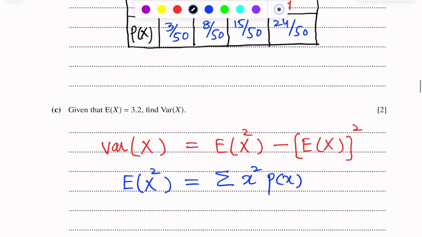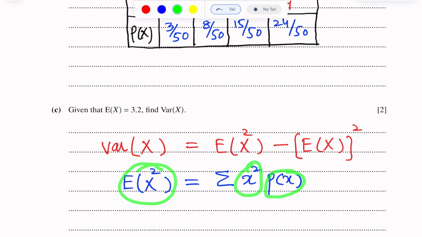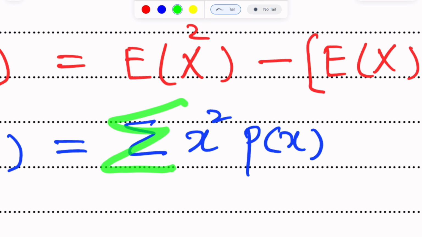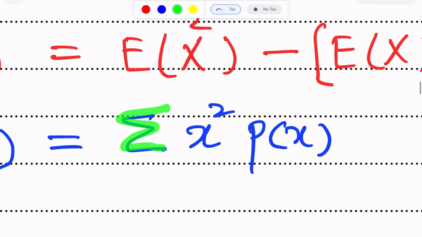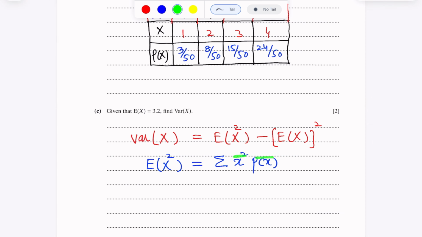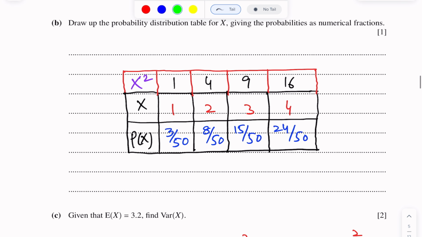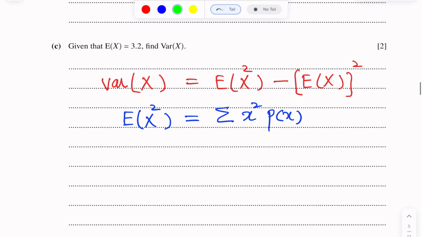Now to find E(x squared), the summation sign shows the summation of the product of x squared into P(x). So from the table, 1 into 3 over 50 plus 4 into 8 over 50 plus 9 into 15 over 50 plus 16 into 24 over 50.